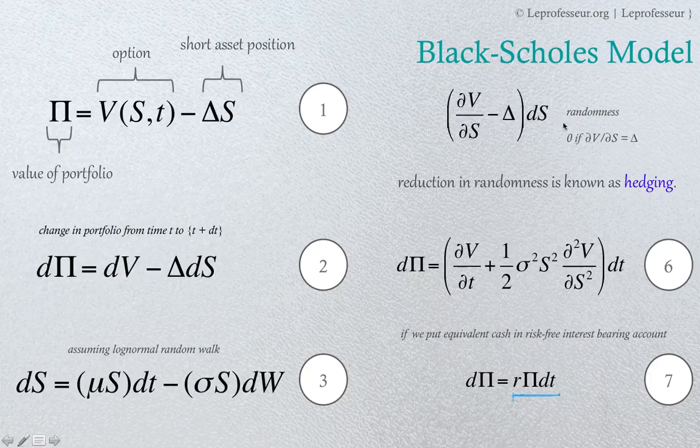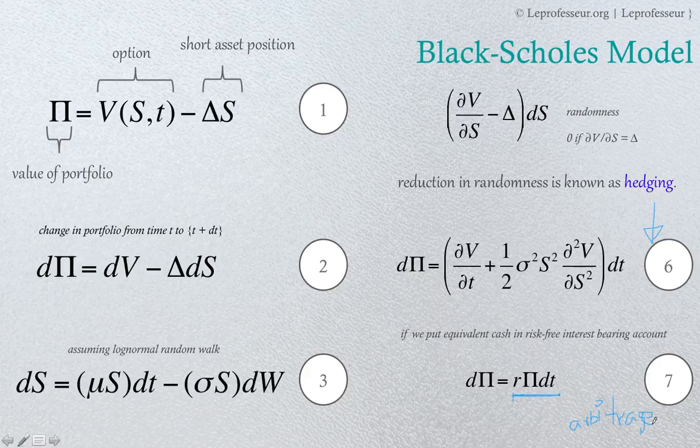We get rid of this random term, made use of the hedging concept. So due to the hedging, we got equation number 6, and due to the no arbitrage concept, we got equation number 6.